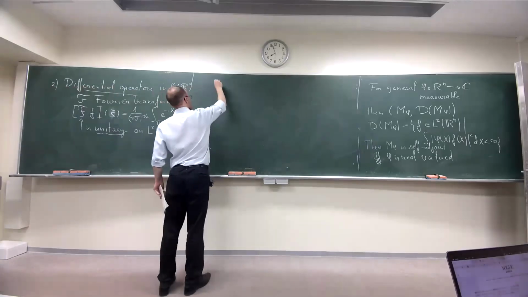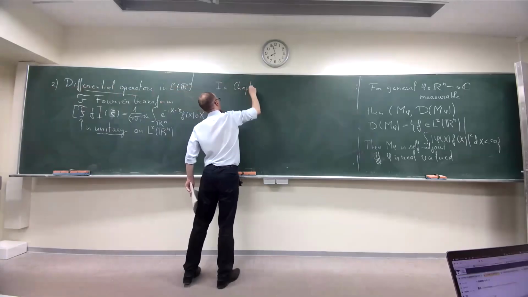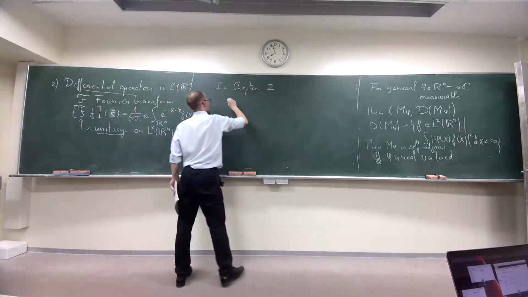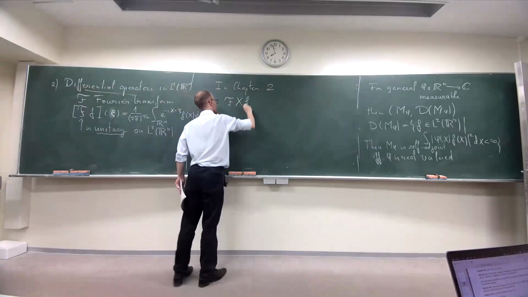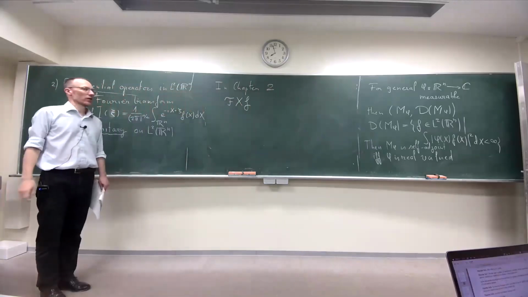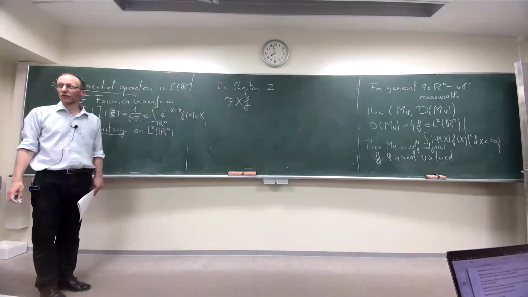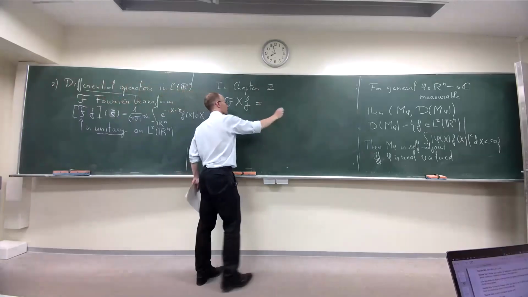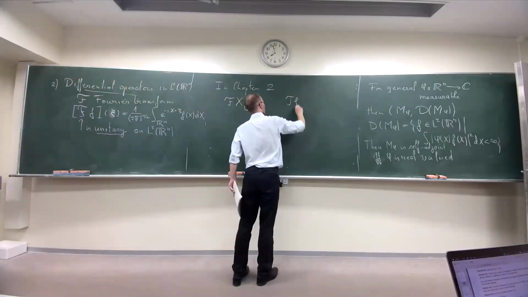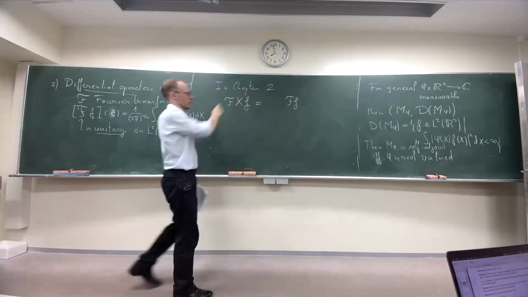In chapter 2, I mentioned this; there is a nice report on the website. The Fourier transform applied to x times f is equal to, who remembers or who knows this? What should I put here?